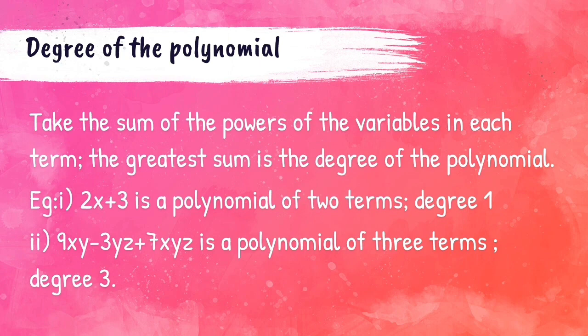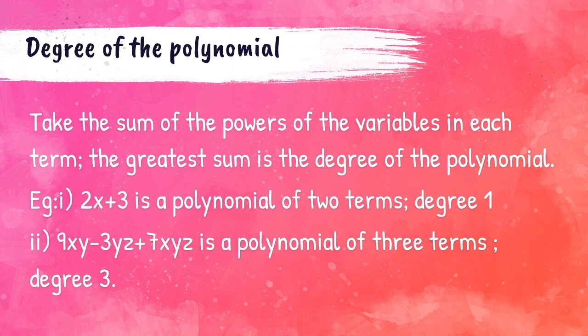So we can say it is a polynomial of two terms, or a binomial. The first term, 2x, has just one variable, and in the second term there is no variable. The first term having one variable x has the power 1. So it is a polynomial of two terms and degree 1.